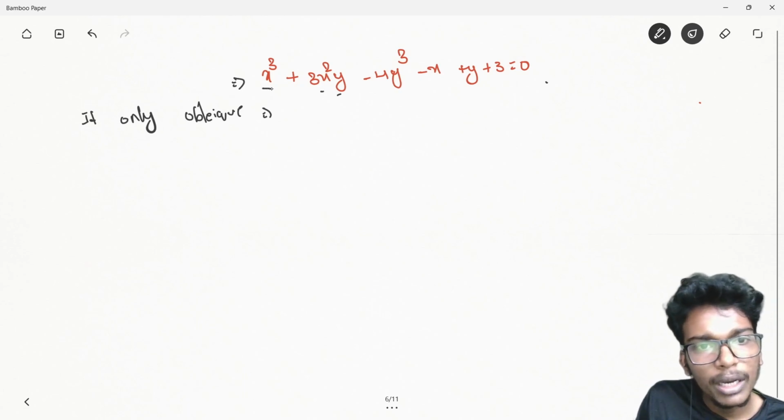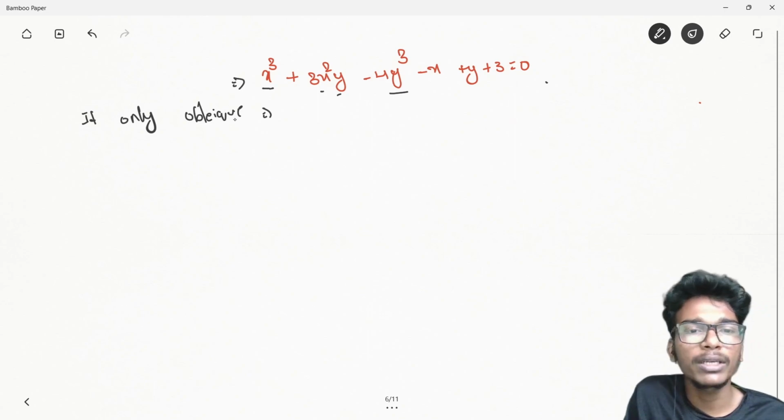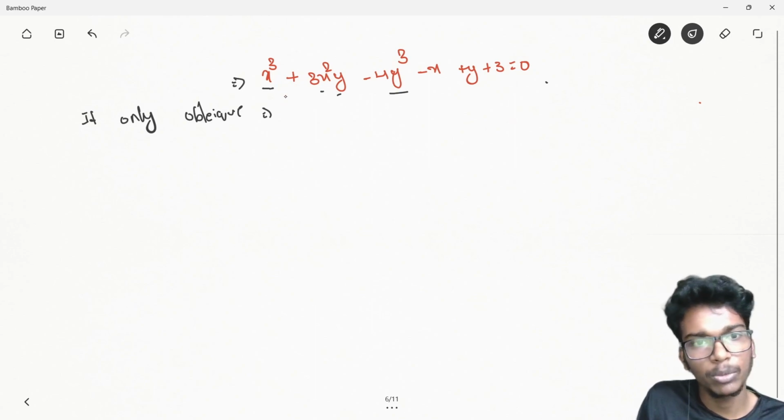But here we have x cube alone, and here we have only y cube alone. So these types of functions won't have asymptotes parallel to the axes. This type of function will have only oblique asymptotes according to our procedure.